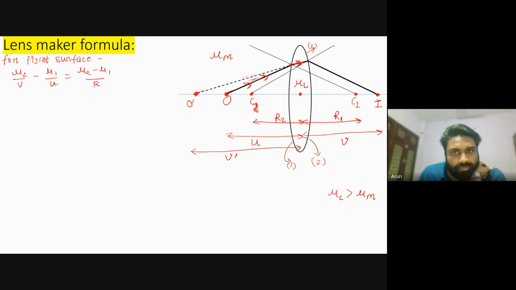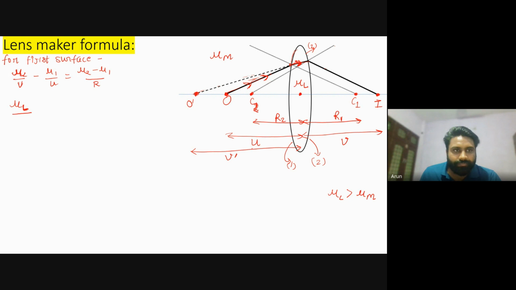Now we apply this to surface 1. Mu2 is the medium in which the ray is going. For the first surface, the ray is going in the lens, so the lens is the medium. So mu2 is mu l.